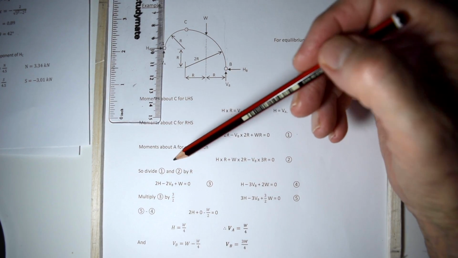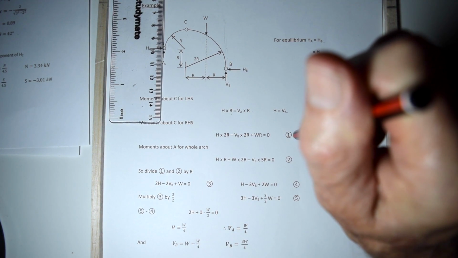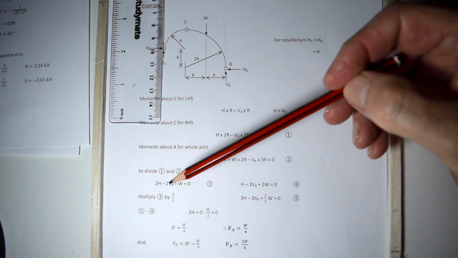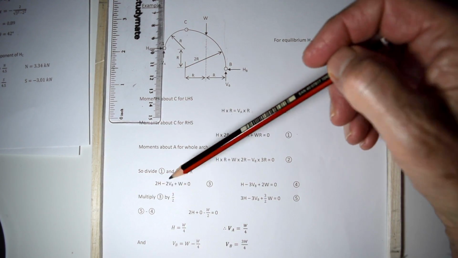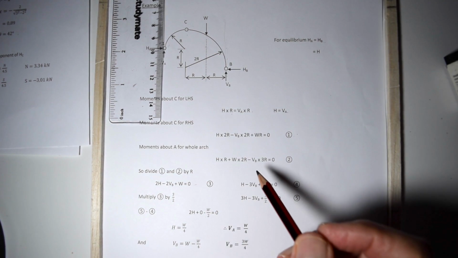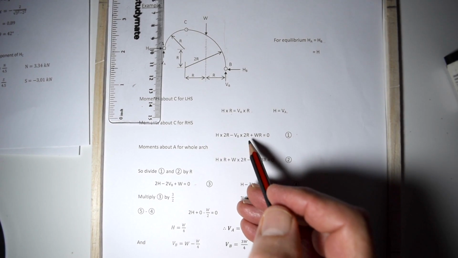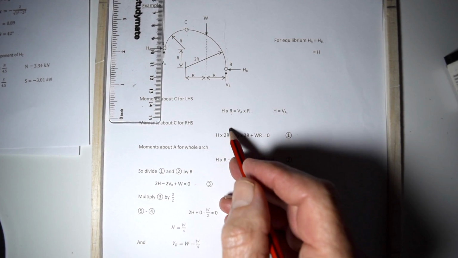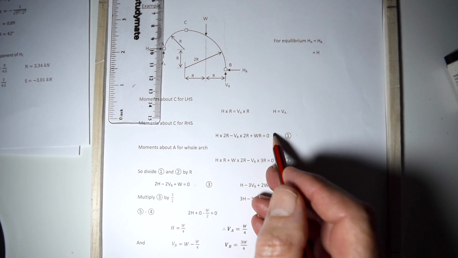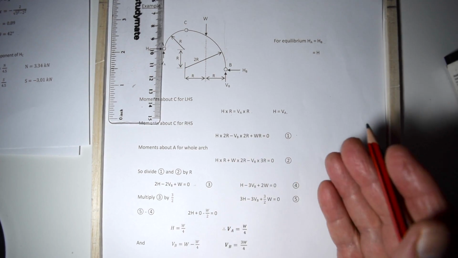So if we divide equation 1 and equation 2 by R, throughout, both sides of the equation, we eliminate R, and we're left with 2H minus 2VB plus W equals 0, and we call that equation 3. I'm sure you're with me there. We eliminate all the R's, because we're doing it to both sides of the equation, and there's 0 there.